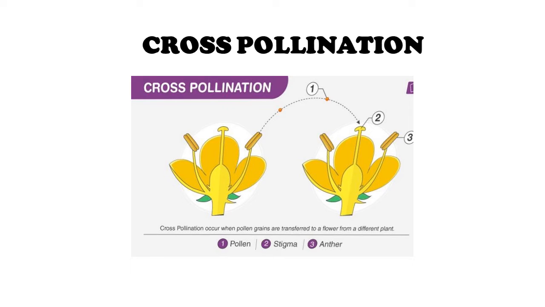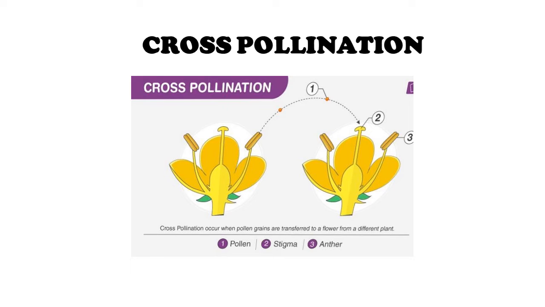Okay, then in self-pollination, the transfer is of a limited number of pollen grains. In cross-pollination, the transfer is of a large number of pollen grains. Then in self-pollination, pollen grains are transferred directly to the flower's stigma.